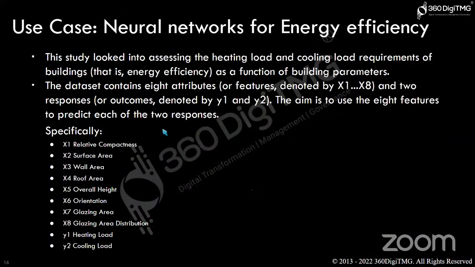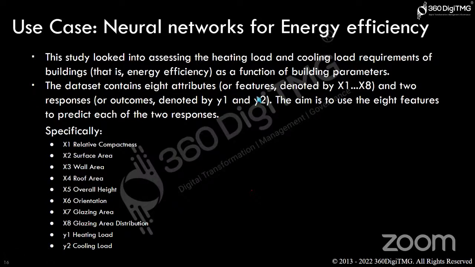Now let us talk about the use case which I have used here. It is also a neural network use case for energy efficiency of a building. In this study, we are assessing the heating load and cooling load requirements of a building. That is our energy efficiency we are trying to find for a building using the building parameters. This data set contains a total of 8 attributes or features, denoted by x1 to x8, and 2 outputs, 2 responses.